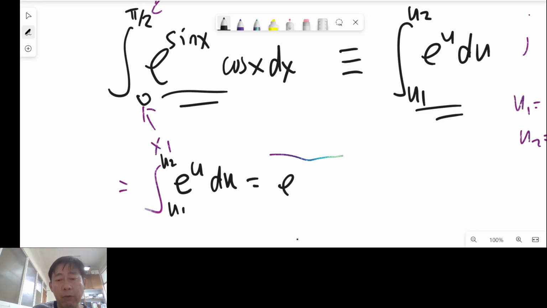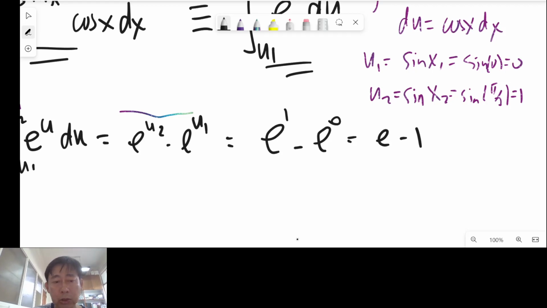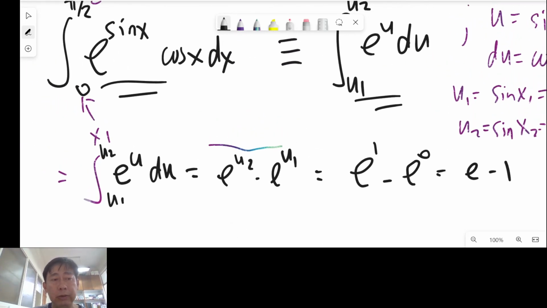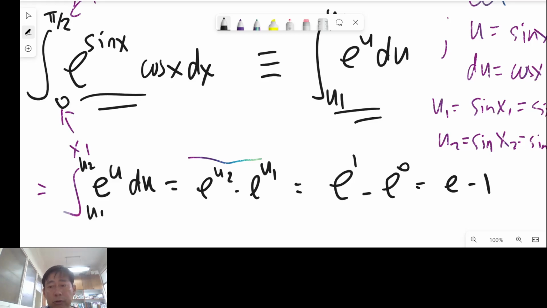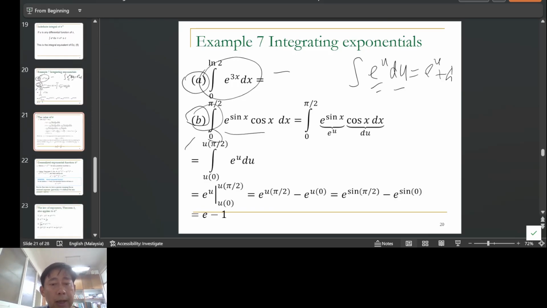So I have e power u2 minus e power u1, and I also know the values of u1 and u2. u2 is 1 and u1 is 0. This is e minus 1. So this is the answer. If you use Mathematica to check, you should get the exact answer. I've checked it and the answer is exactly the same as expected. So that's how I can perform integrations that involve e power u du.